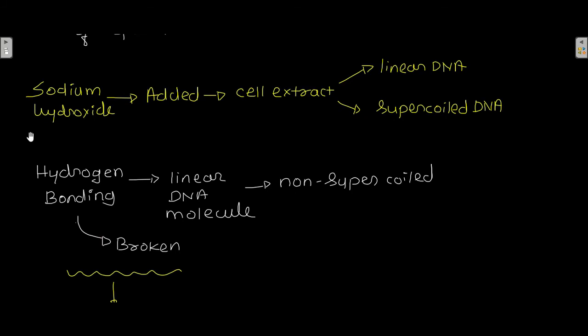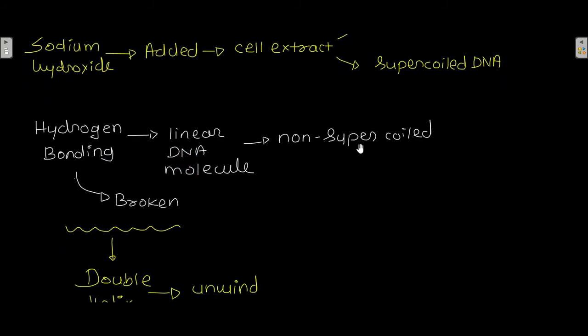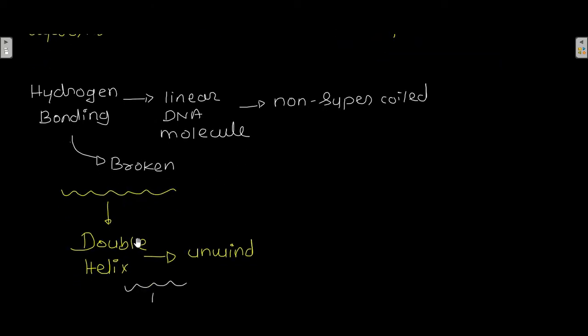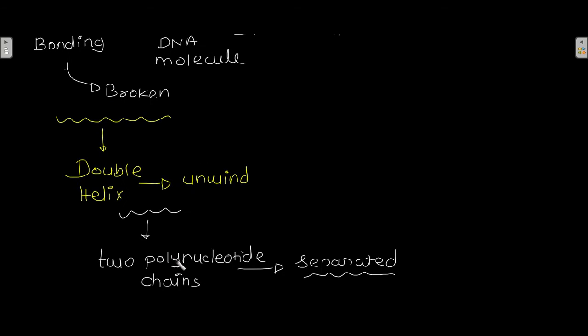If you add sodium hydroxide to the cell extract which contains linear DNA and supercoiled DNA, then the hydrogen bonding in the linear DNA molecule, that is non-supercoiled DNA, is broken and the double helix unwinds, and the two polynucleotide chains can be separated.